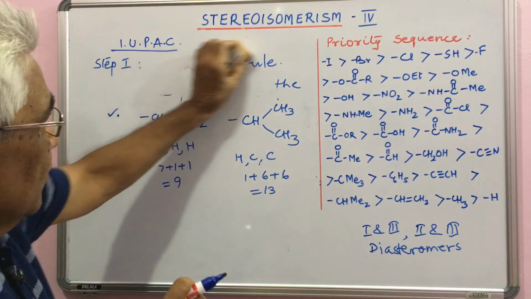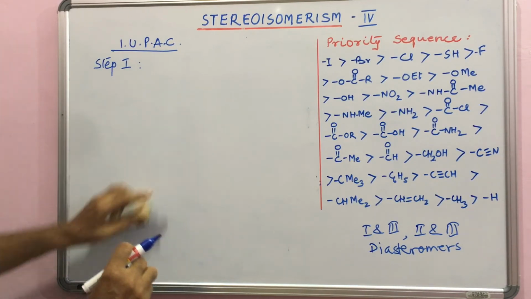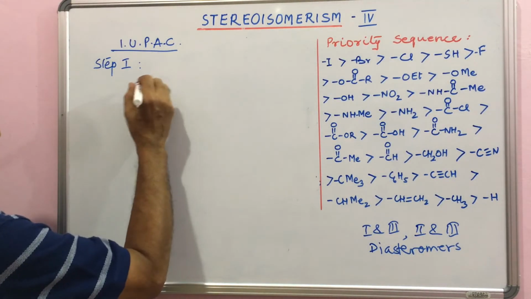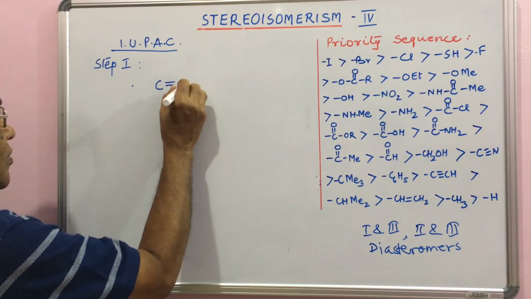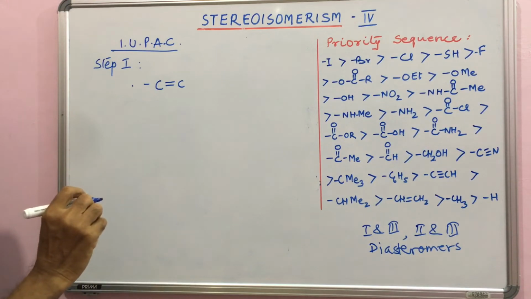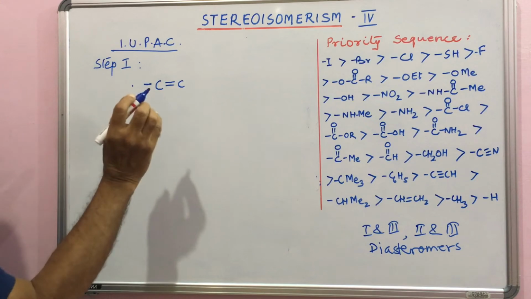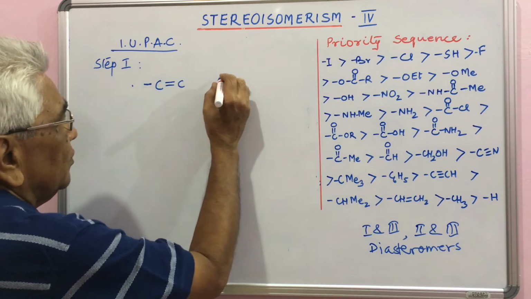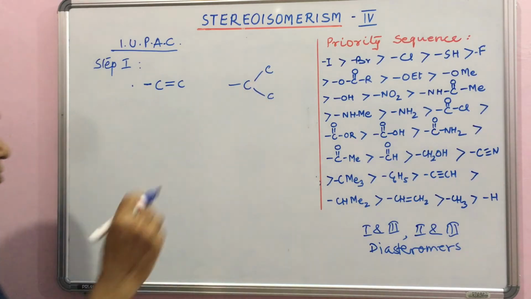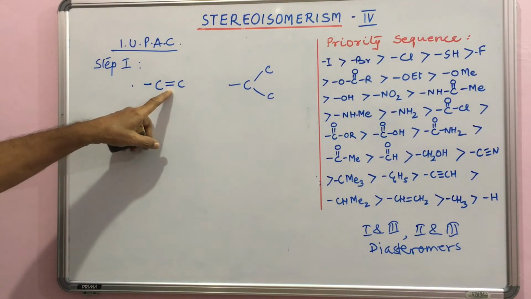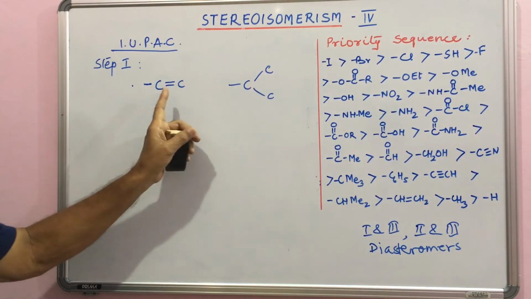Further, if you have somewhere C double bond C, and this is the key atom, then this will be deemed to be equivalent to 2 carbon atoms. Double bond, while counting you will have 2 carbon atoms.